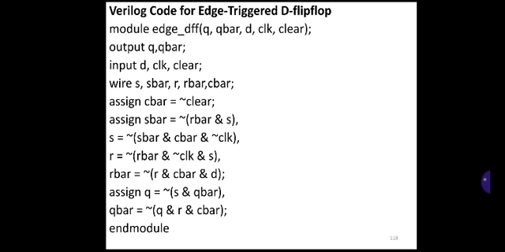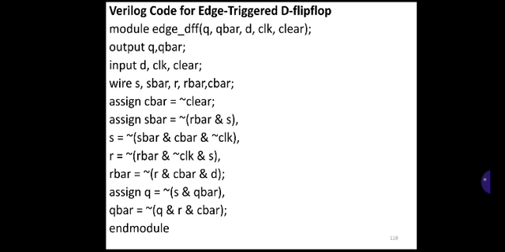Similarly, observe the figure for writing S, R and R bar. So S, R and R bar, again we have NAND gates. So the inputs for S are S bar, C bar and the complement of the clock, that is negative edge, and all together it is complemented again to get the NAND gate output. Then R is equal to not of, the inputs will be R bar and not of clock.